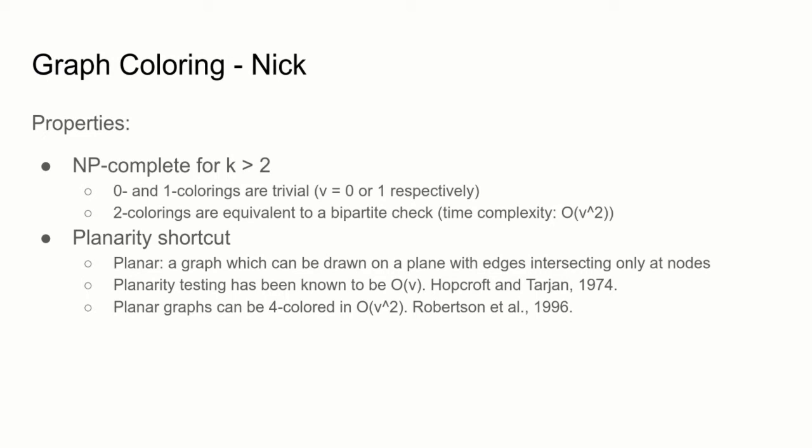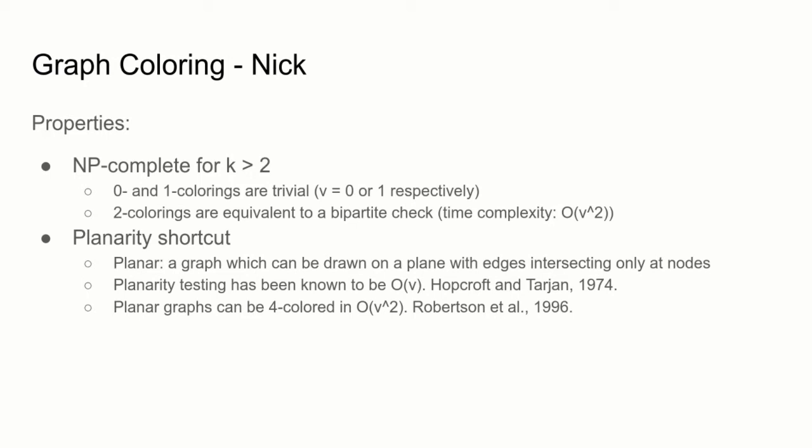The 0 and 1 colorings are rather trivial, because in those cases the number of nodes must be the same as the number of colors. The 2 coloring is the same as a bipartite check, effectively saying can this graph be split into 2 halves, one that's all colored color A and the other that's colored color B. This is known to be squared in the number of vertices.